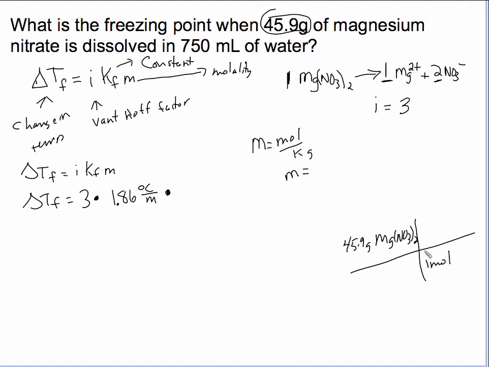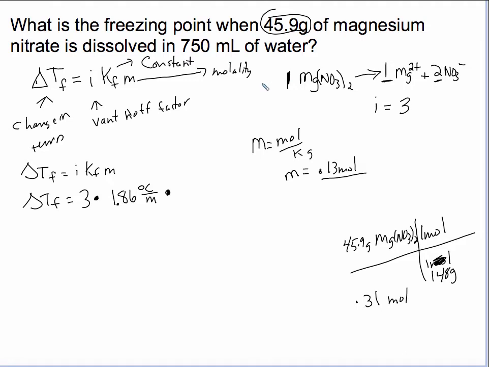For every 1 mole there's 148 grams. That's the molar mass. If you do the math, you end up with 0.31 moles.